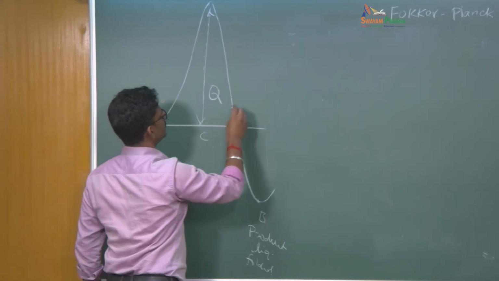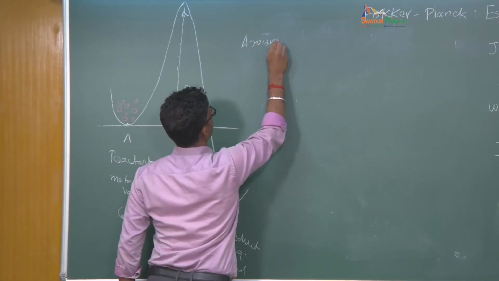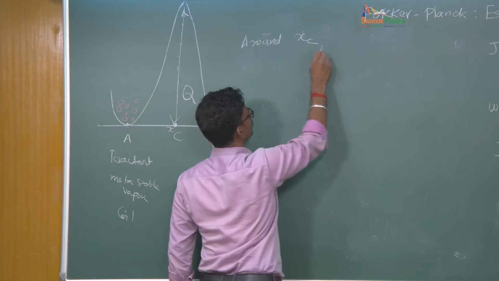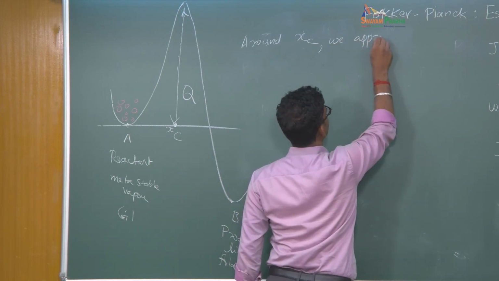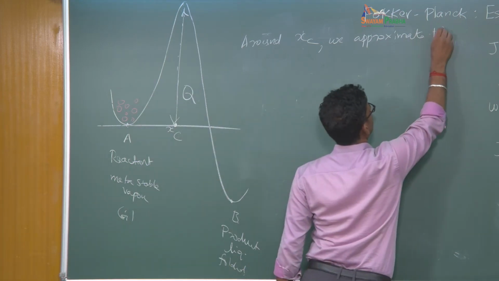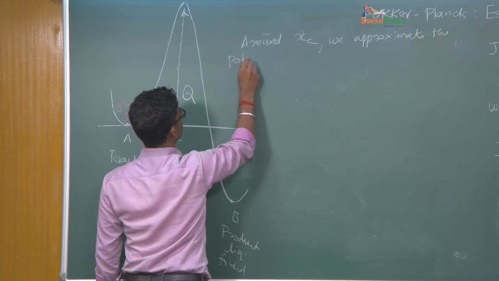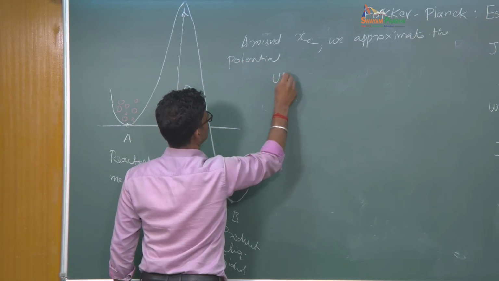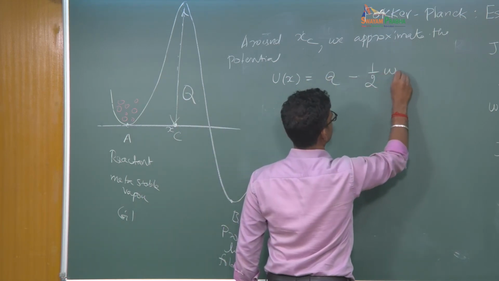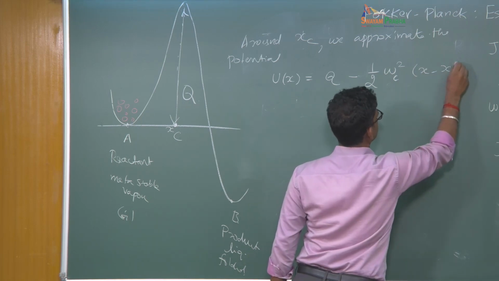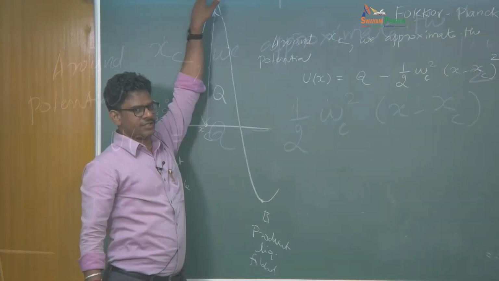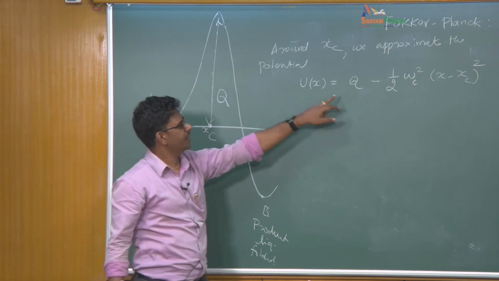So around xc, this is the location of xc, we approximate the potential U of x. We are saying the potential around x equal to xc, around here, we approximate as a quadratic term.